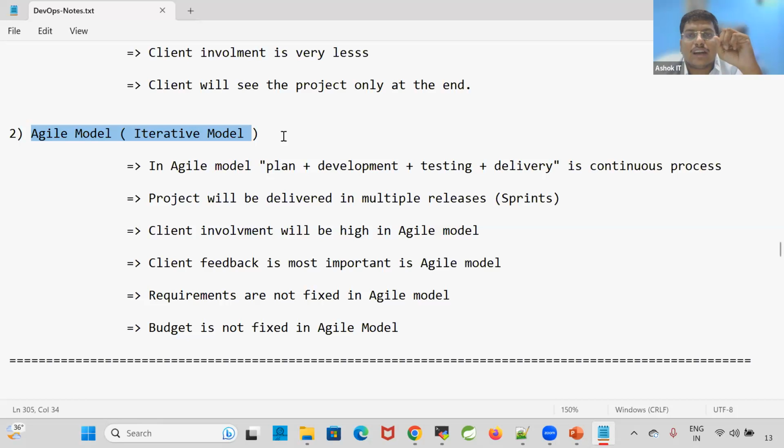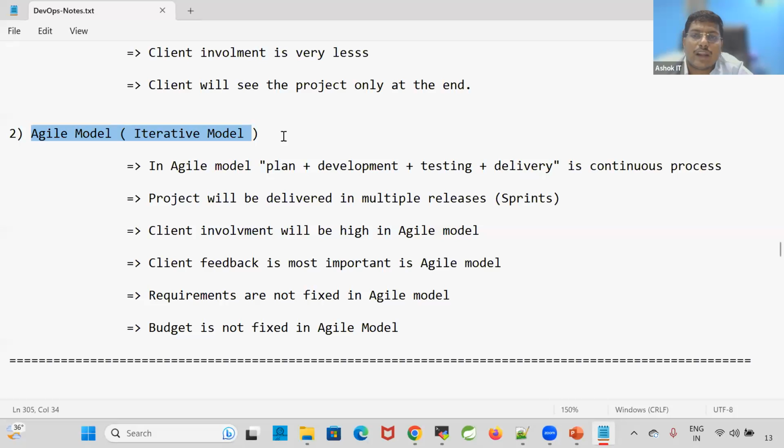Out of the 100, let us take the first few requirements, plan them, develop, test, and deploy them, and take the feedback from the client. Then we go for the next few requirements, plan them, develop, test them, and deliver them. Then take the feedback. So in the agile methodology, planning, development, testing, and delivery is a continuous process.